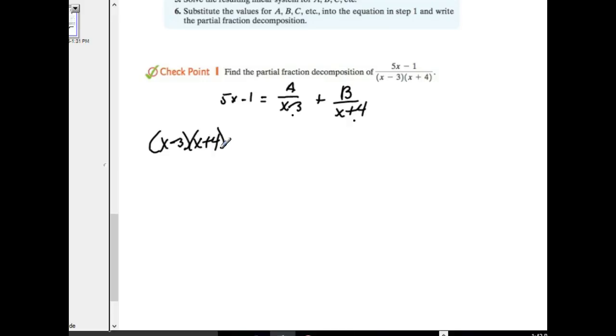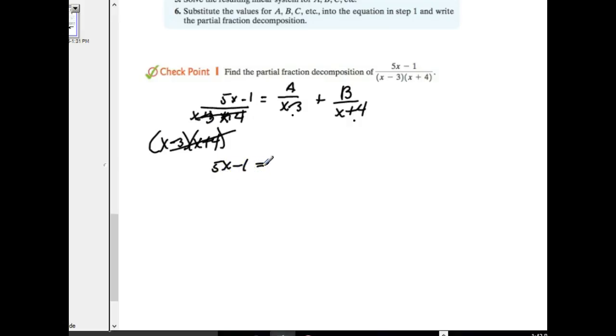When I do it to the first one, the 5x minus 1 is over x minus 3, x plus 4. I don't know why my pen acts up so badly. Anyway, when I multiply, these two are going to cancel each other, so I'm just going to be left with 5x minus 1.